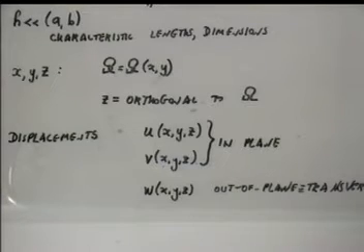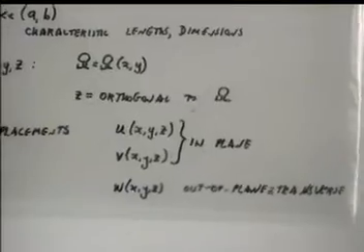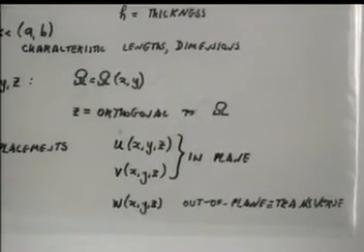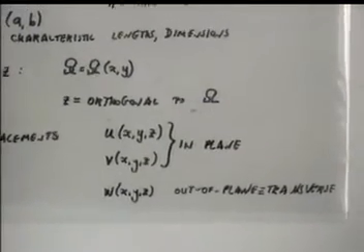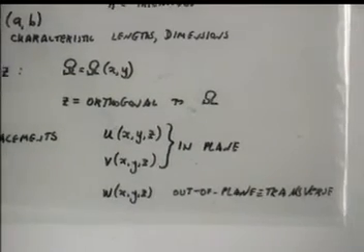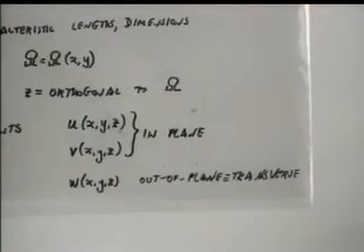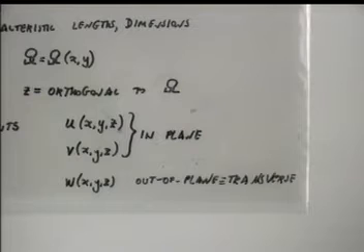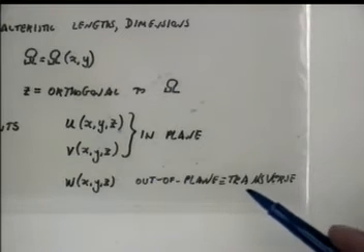This plate has 3 dimensions, u, v, and w. Now, u and v are called in-plane displacements, and w is called out-of-plane displacement, or transverse displacement.